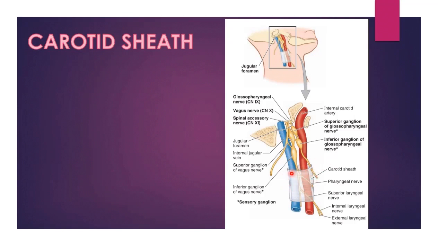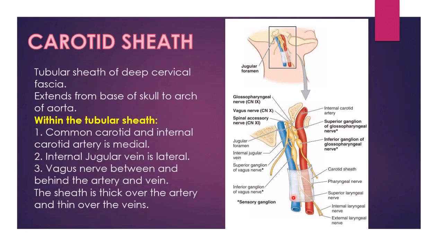So it is a fascial sheath which is derived from the deep cervical fascia. This fascial sheath extends from the base of the skull, and below it will merge with the arch of aorta. From the base of the skull to the arch of aorta, this fascial sheath extends.